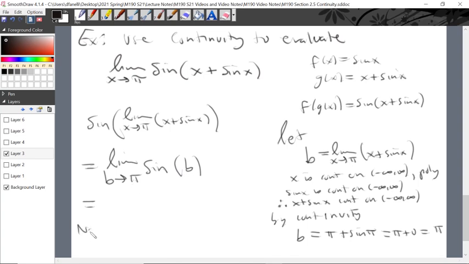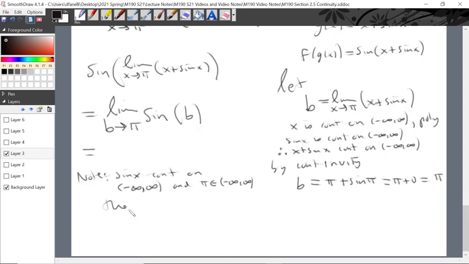Now, again, we're dealing with evaluating the sine function, so it's the sine of b. And the sine of x, again, is continuous on its domain, that is negative infinity to positive infinity. And since pi is contained within that interval, certainly it's a real number, then this is continuous.